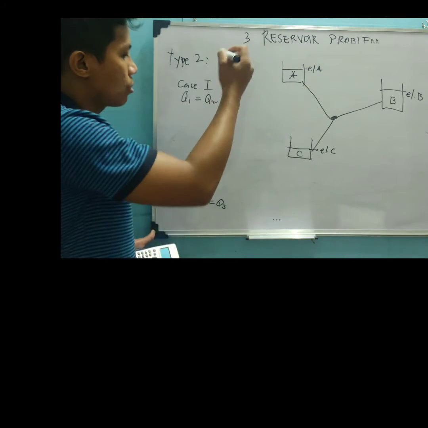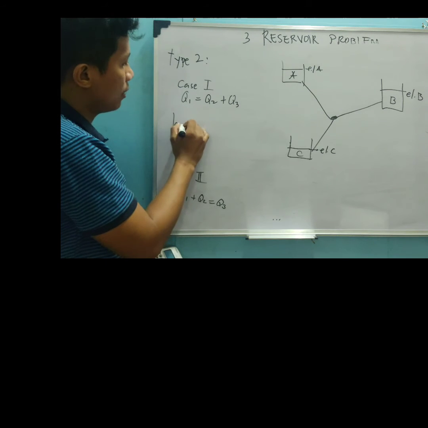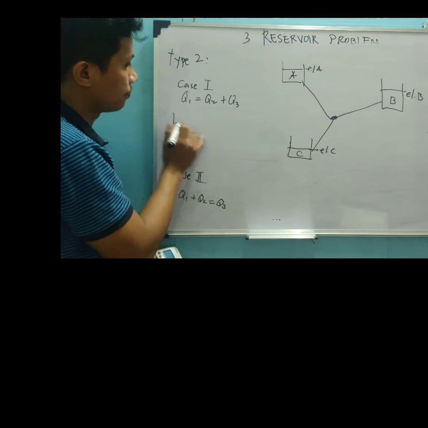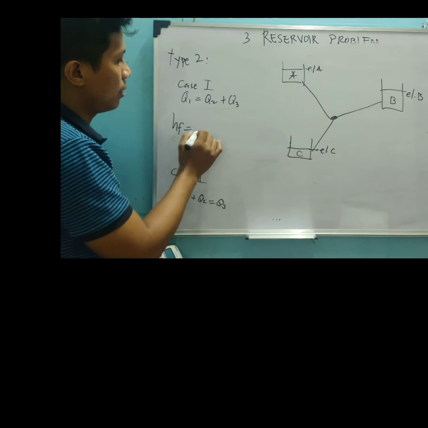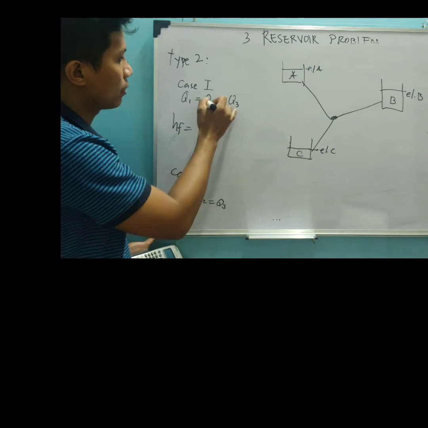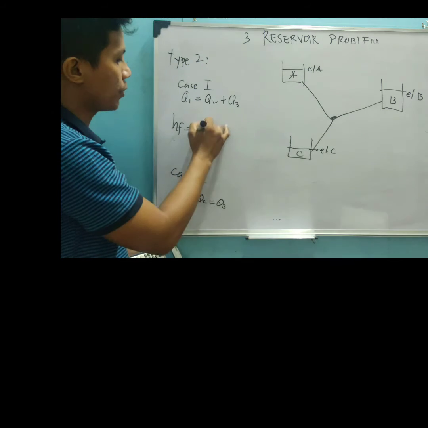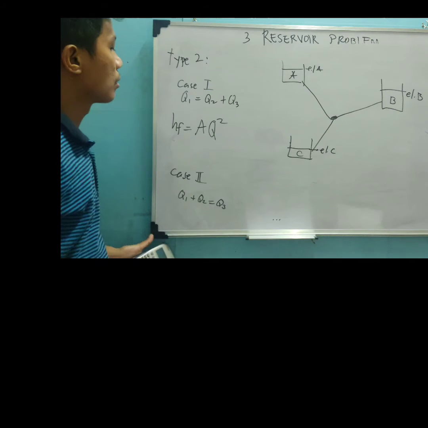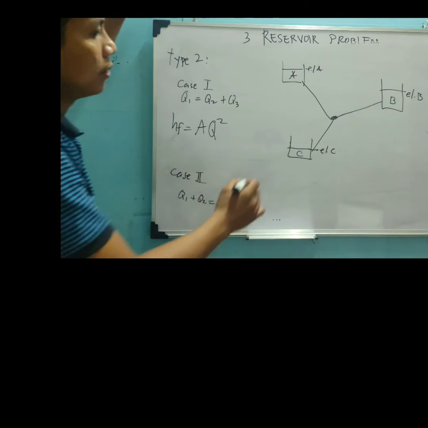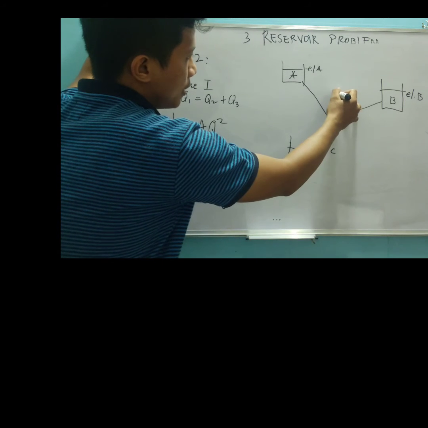So, yung caltech nito, actually, na-derive din siya sa formula na yung head loss. Kasi pag ang head loss formula ay, let's say yung coefficient na ito, nilagay mo na A, Q squared. So, ang head loss, diba?